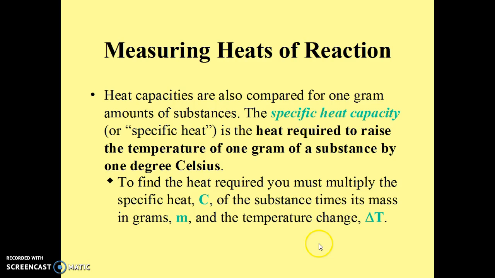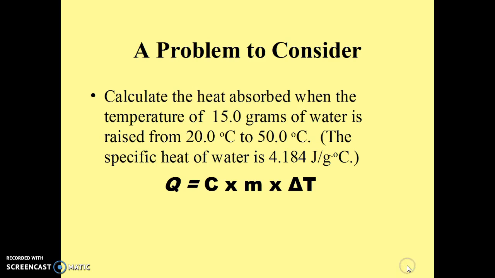To find the heat required, you must multiply the specific heat of the substance times its mass and the temperature change. So the Q, the heat, is equal to specific heat, or specific heat capacity, we can use either set of language, times the mass of the substance times the change in temperature.